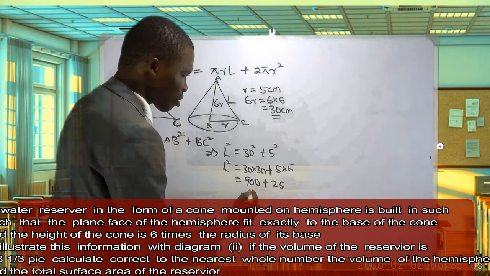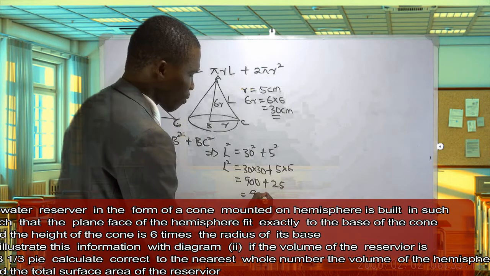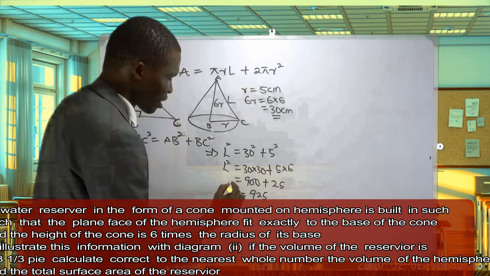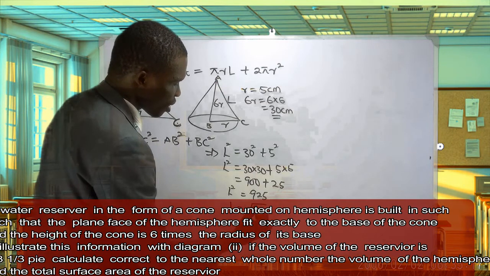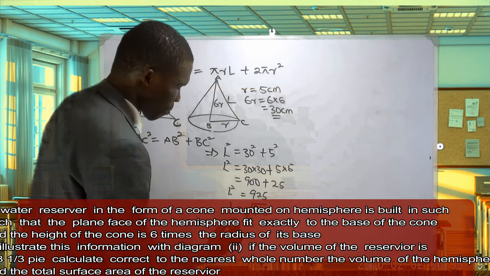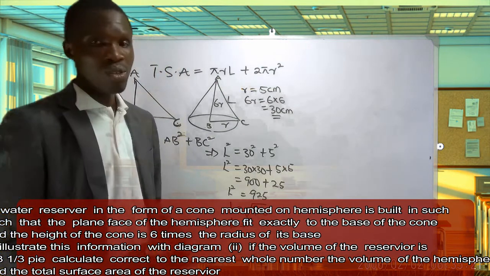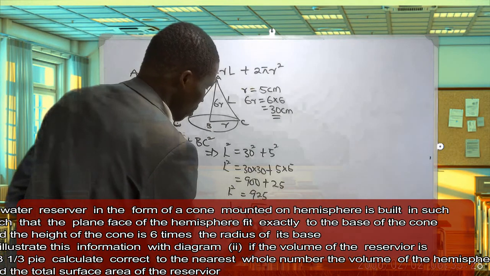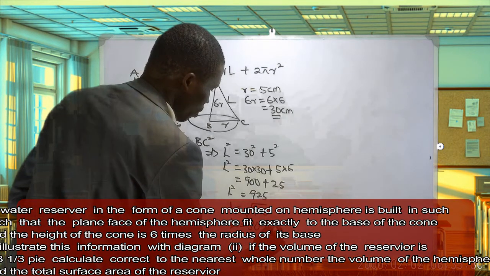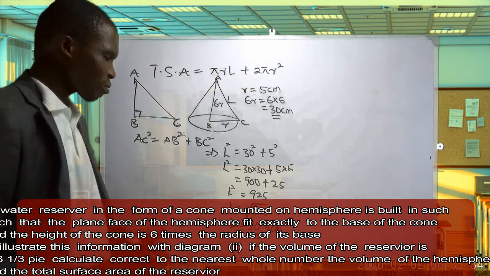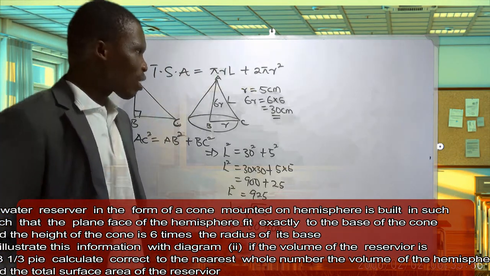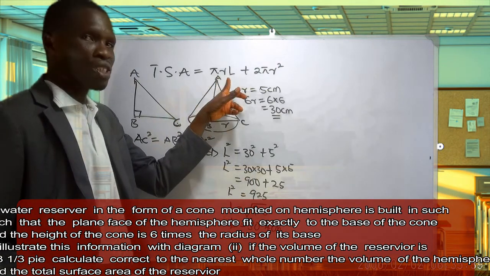So if you add this together, we have 925. That is L squared. So L will give us the square root of 925. Then finding the square root of 925 gives 30.4 centimeter.